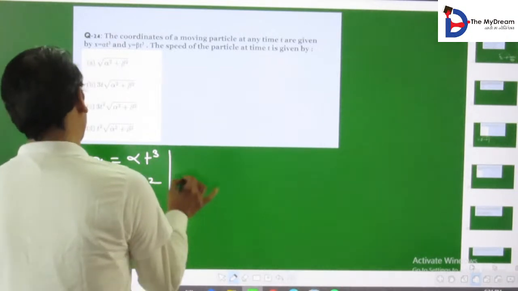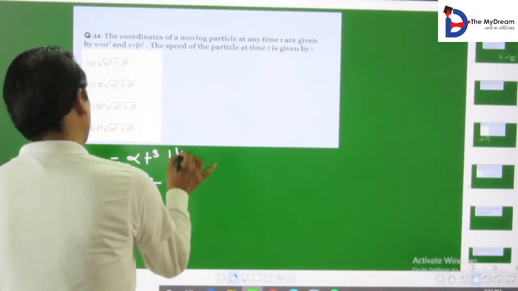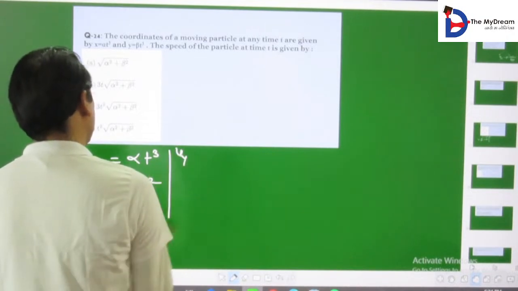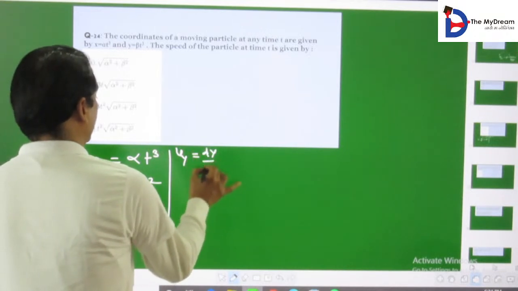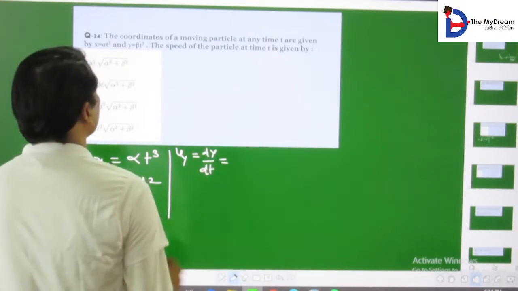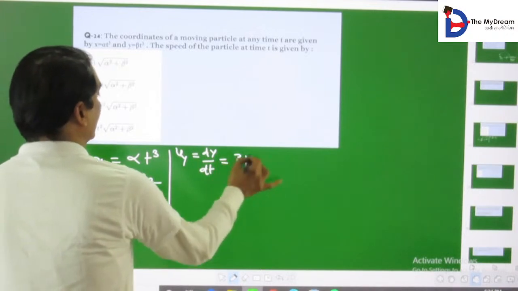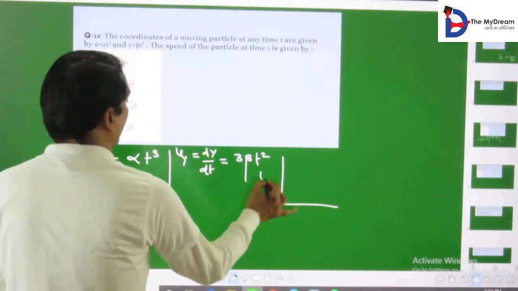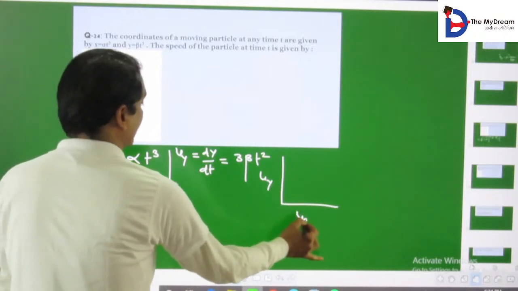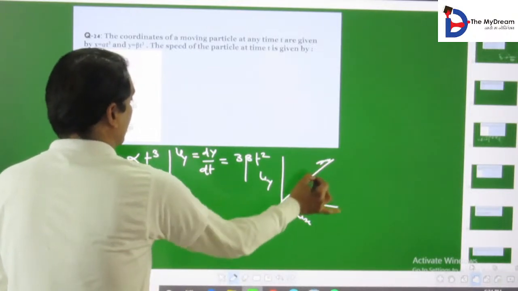Similarly, you can find uy, that is dy by dt, 3 beta t square. This is uy, this is ux, this is u.